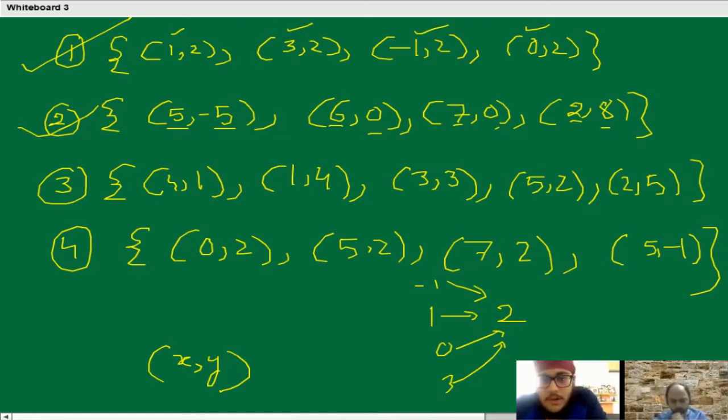This is also a function. It must represent a function. That's what you meant to say? Yes, sir.